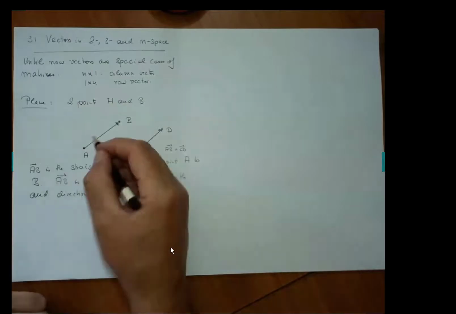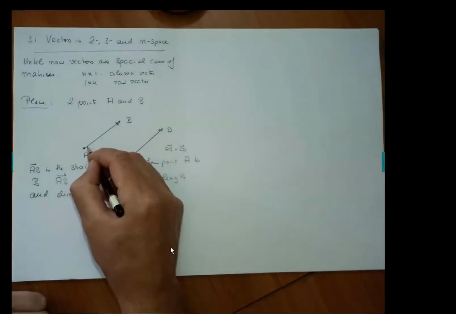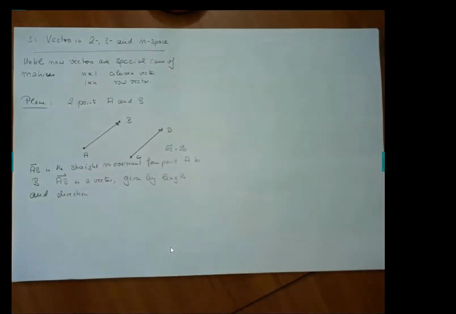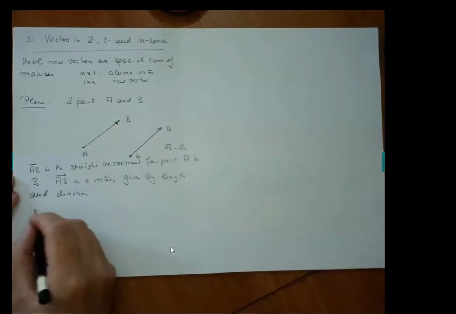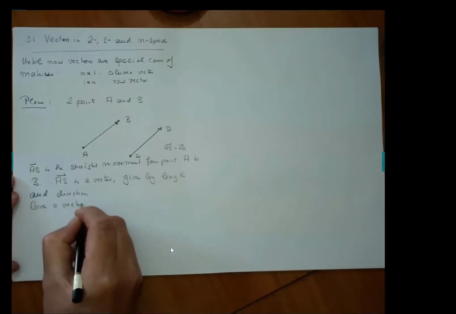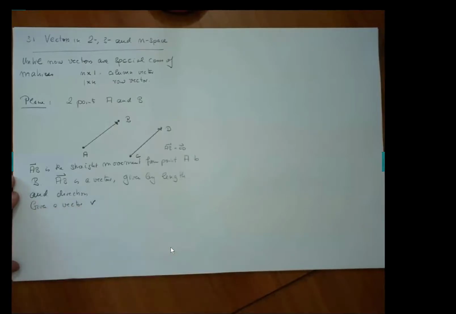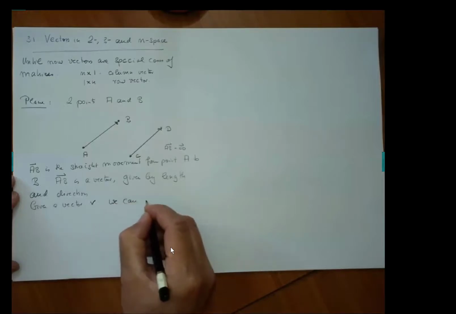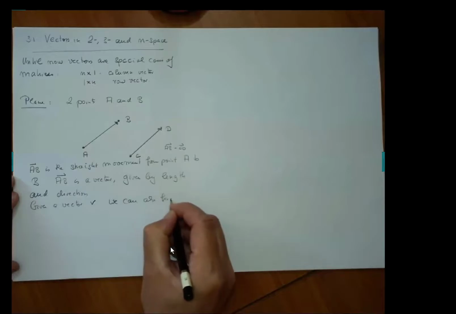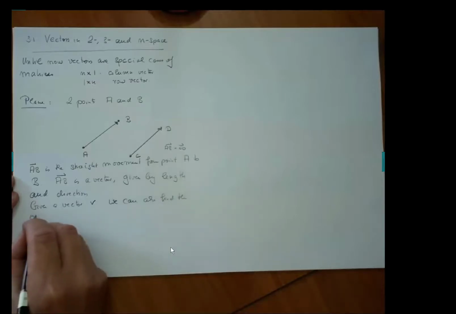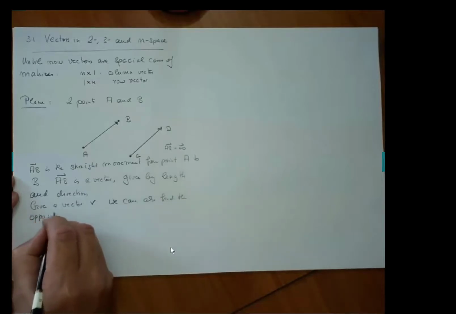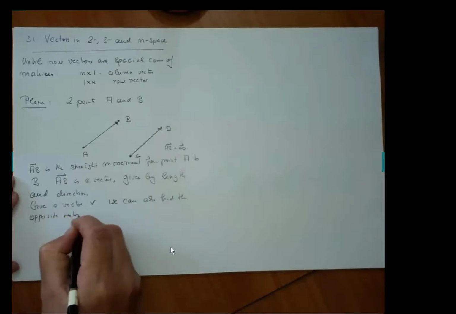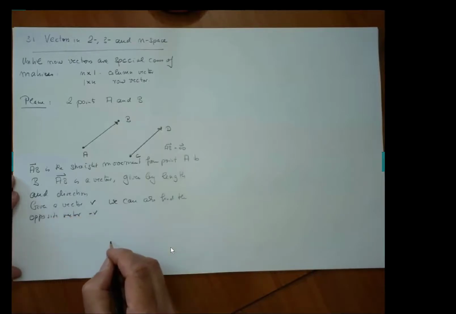Okay, so once you have the idea that a vector has a length and a direction, suddenly you can do other things with vectors, no? So, for example, given a vector, let's say call it v, small v for vector, we can also find the opposite vector, minus v, in this following sense.